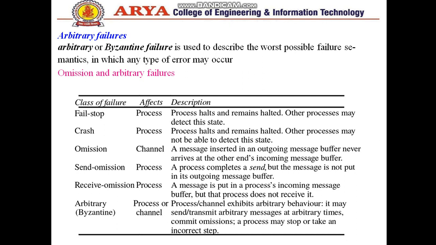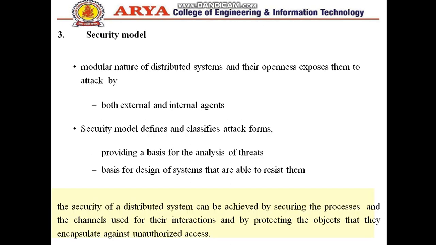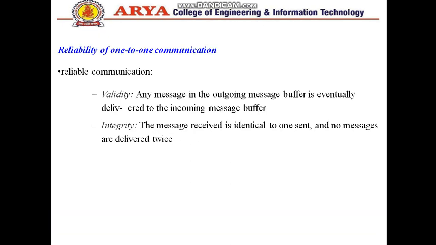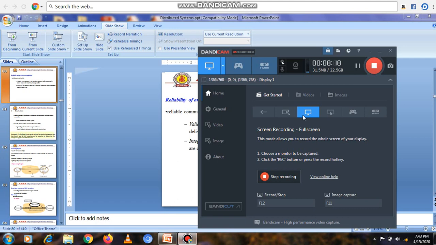All failures so far are panic failures. These are certain arbitrary failures: fail stop, crash, omission, send omission, receive omission, and arbitrary. These are the class of the failure, the effects, and the description. So you can see from this particular slide all the arbitrary failures, their effects, and the description of the particular failure.